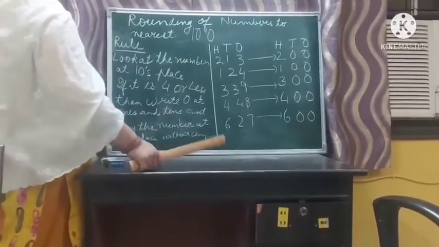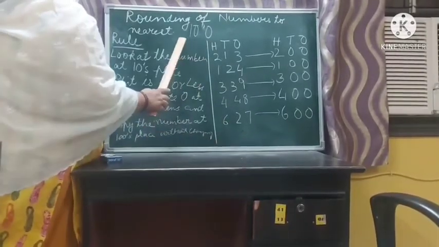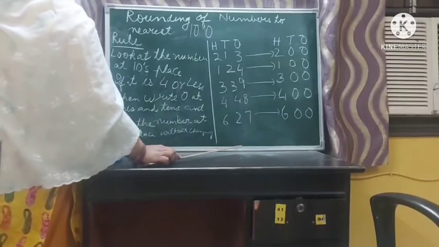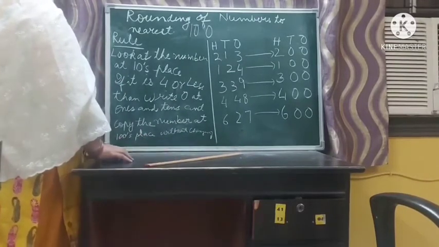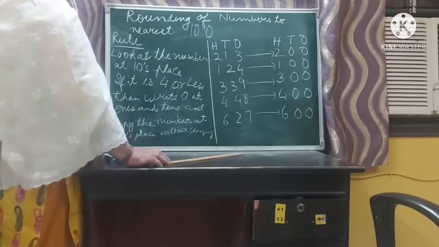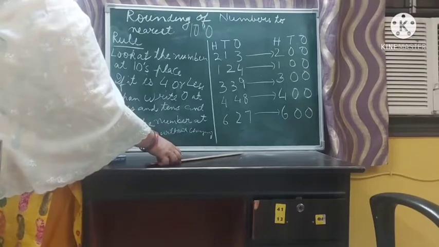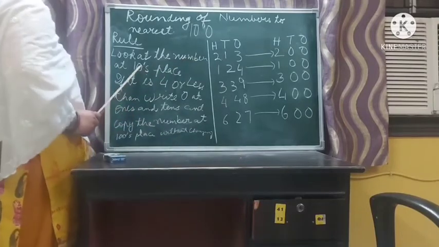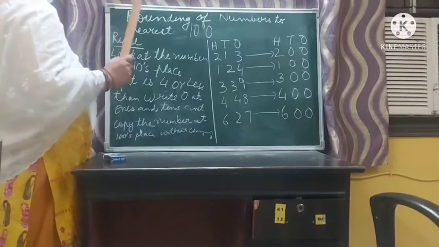Now we shall discuss another concept, that is rounding of numbers to the nearest 100. First we discussed rounding to the nearest 10. Now we will discuss rounding of numbers to the nearest 100. So when we round off numbers to the nearest 100, we look at the number at the tens place. There we were looking at the number at the ones place.